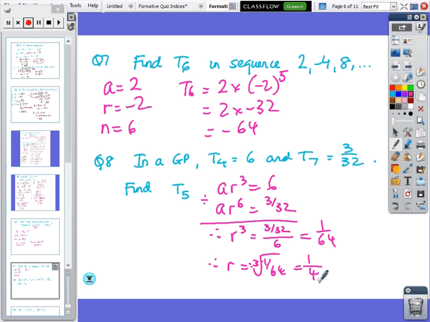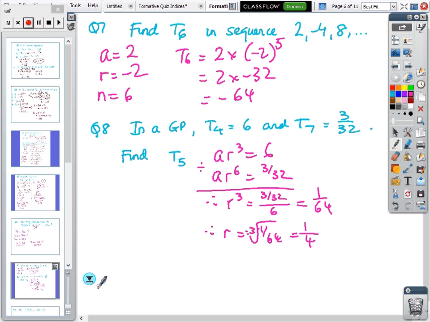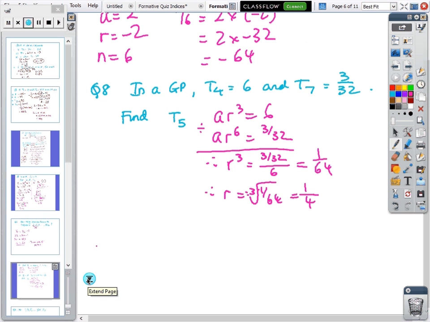That doesn't help us. We still need to find a. So a times a quarter cubed equals 6, so a equals 6 divided by 1 over 64.